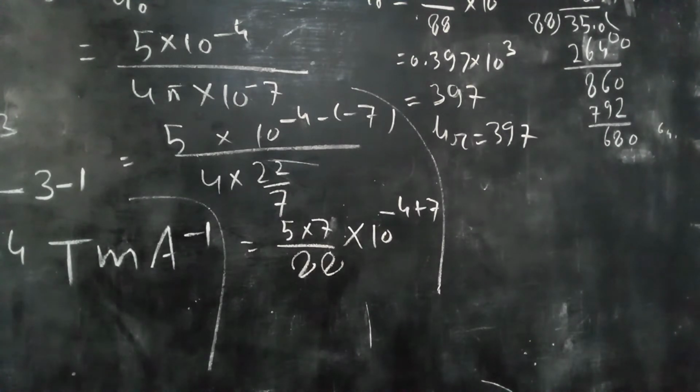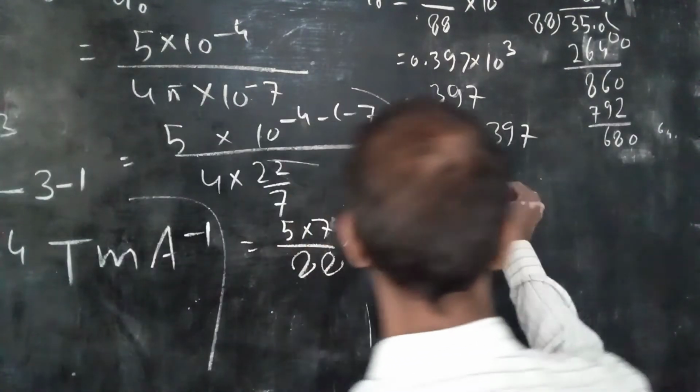Next part, find the magnetic susceptibility. What is the relation between relative permeability and magnetic susceptibility? Mu r is equal to 1 plus chi. We have a direct relation between mu r and chi.